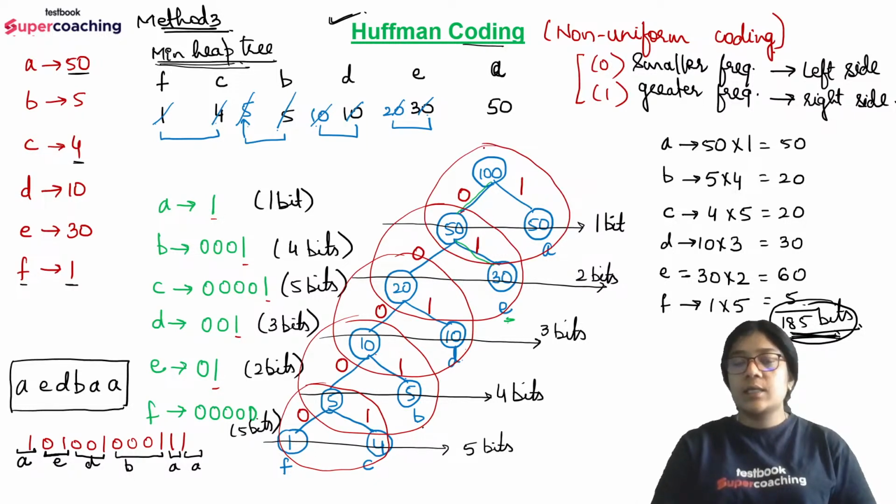Total 6 characters. Why are we getting 5? Because in the first step, we deleted two elements, but after that at every step, we are deleting one element from the min heap tree. So this means that if n characters are given, these steps will be repeated n minus 1 times.